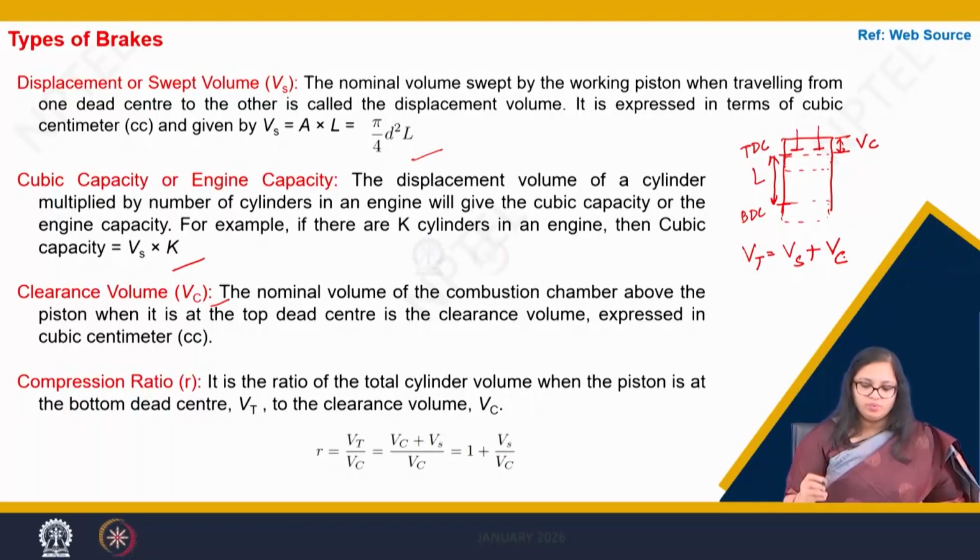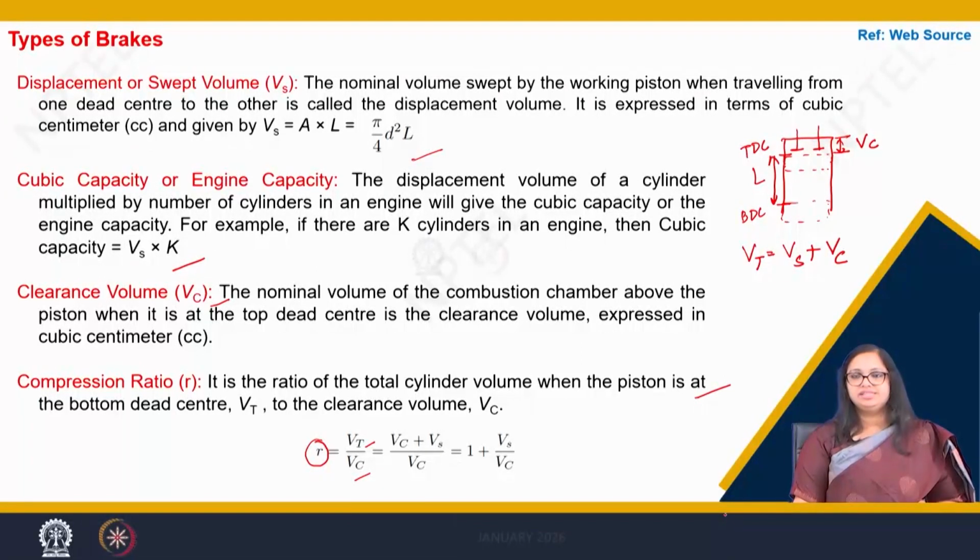Now, there is a term called the compression ratio that defines the efficiency of any engine, either a diesel engine or a petrol engine. So, what is this compression ratio? It is given by this notation R, which is equal to the total volume divided by the clearance volume.